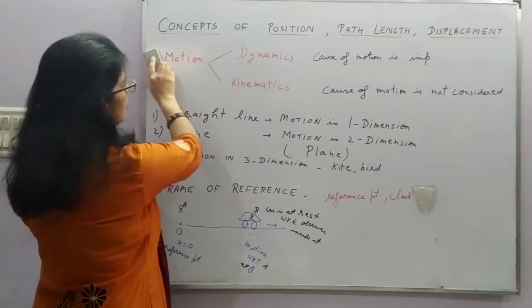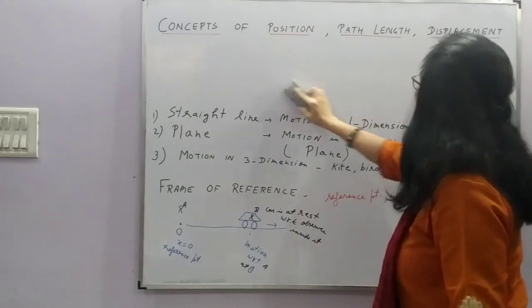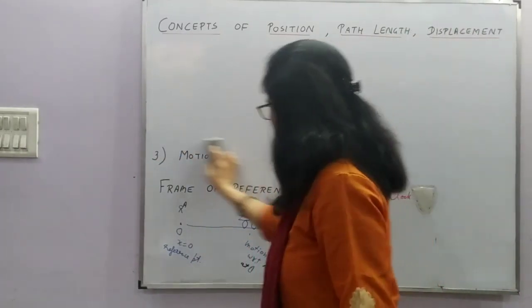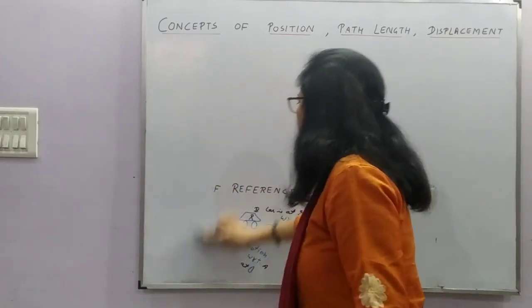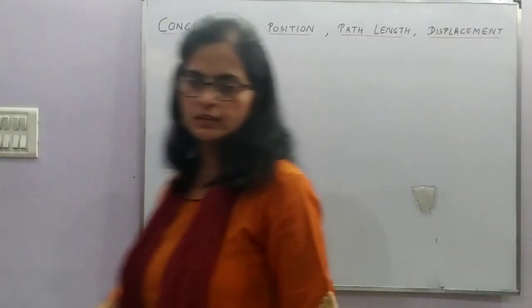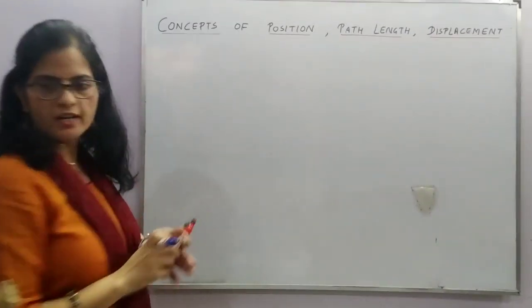Now let's come to the concepts of position, path length and displacement. We have studied in class 9 that whenever we draw a number line, there is a figure given in your NCERT.